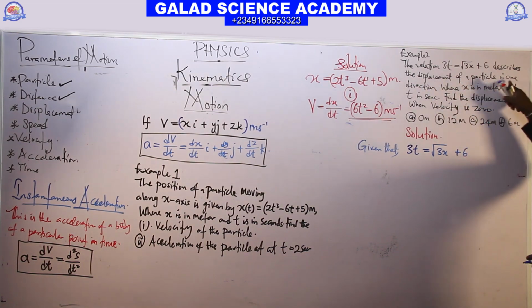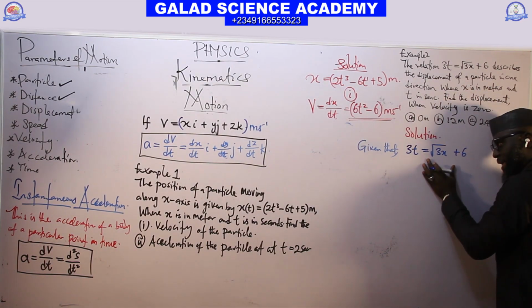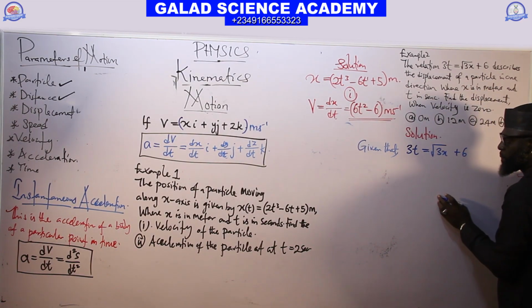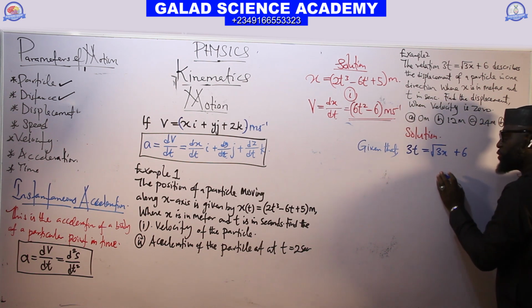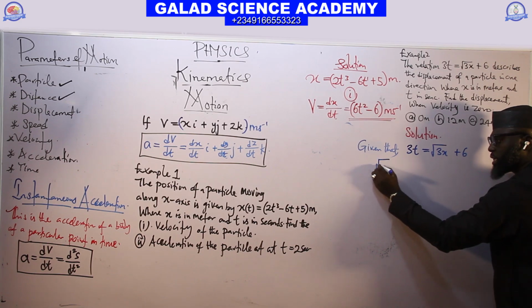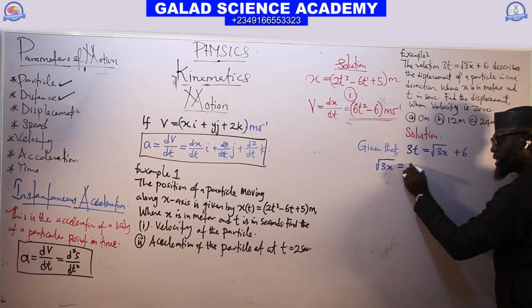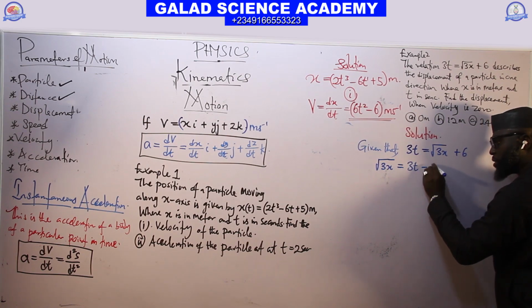Describe the displacement of the particle in one direction, where s is in meters. Let us make x the subject of the formula. We have the square root of 3x equal to 3t minus 6.